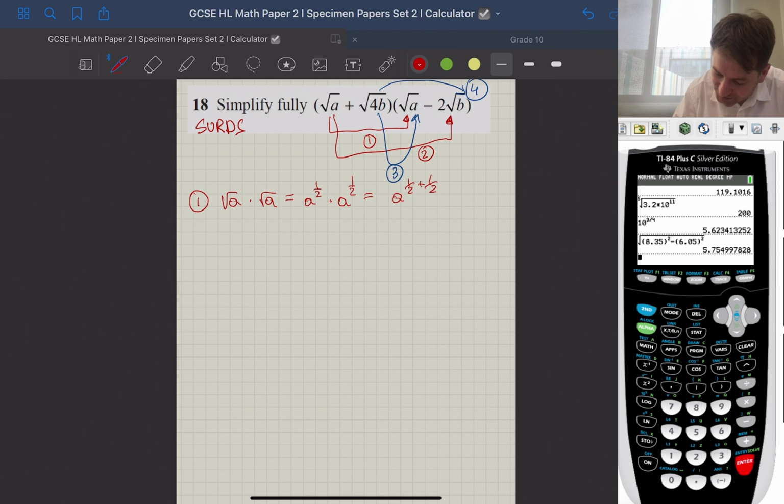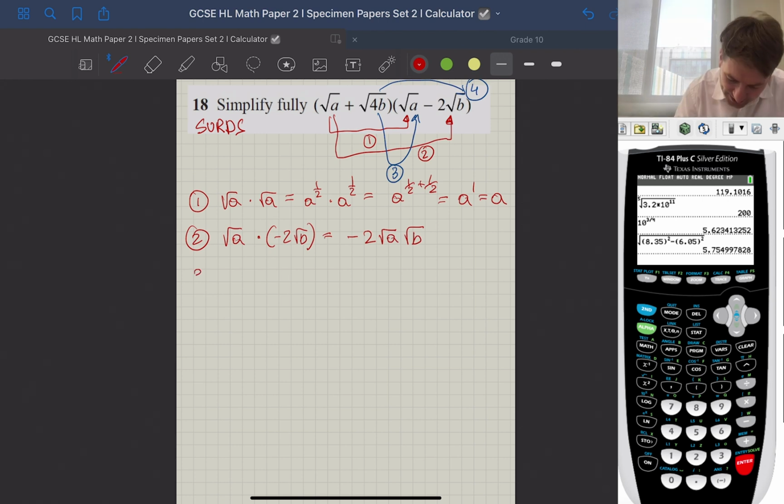That's why you might have heard your teacher saying that if you multiply two square roots, they cancel each other out. It's because of this. Okay, now multiplication number 2 was root a times minus 2 root b. So that's just going to join like that.